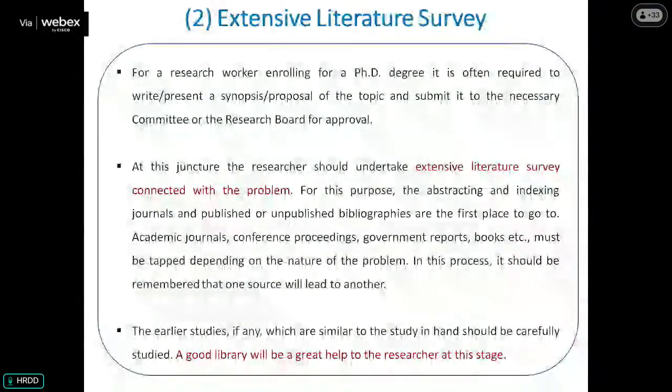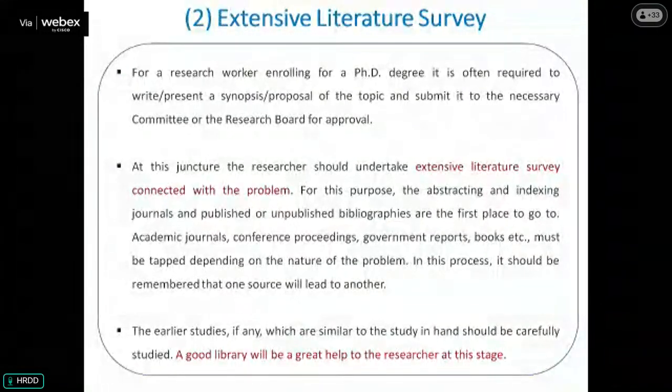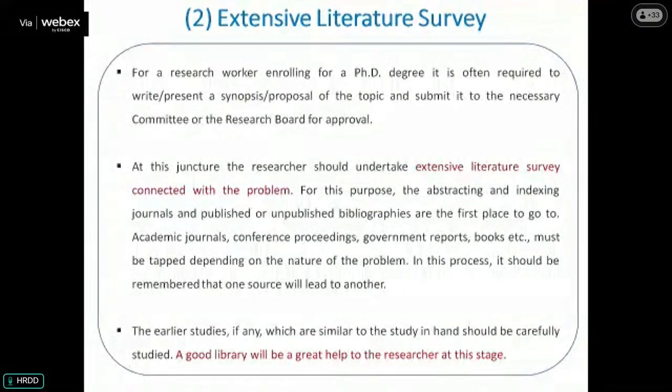Those references are known as bibliographies in research methodology. Even if you go and see the HBNI website and the thesis format, they mention bibliography. So this is a term used. Those bibliographies are nothing but references. Academic journals, conference proceedings, reports, books, etc. must be tapped. Okay, and these are the general guidelines there.